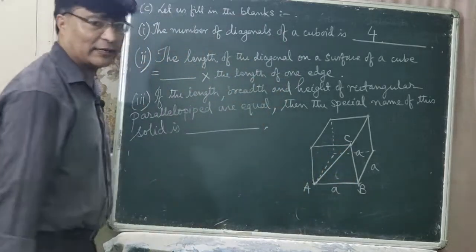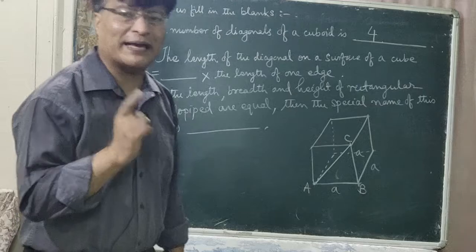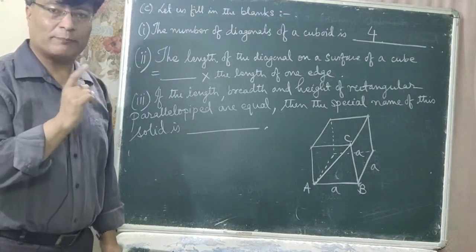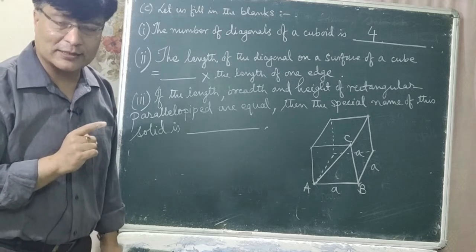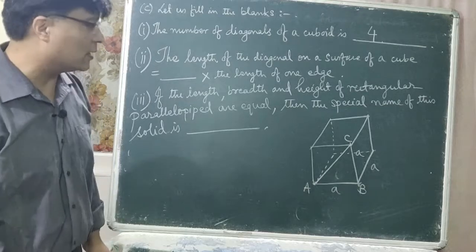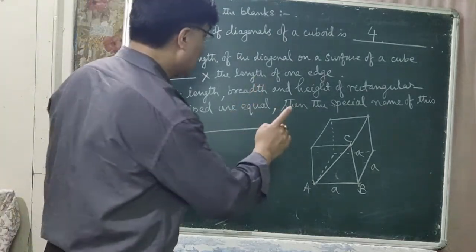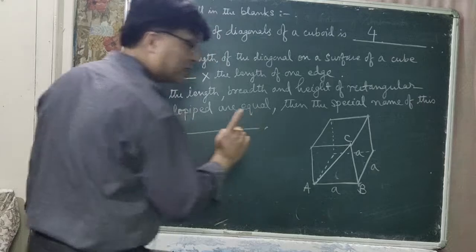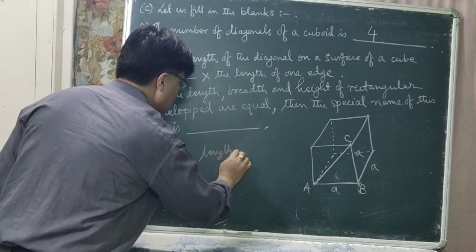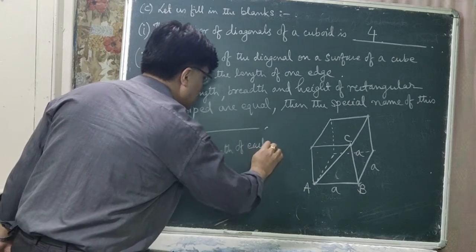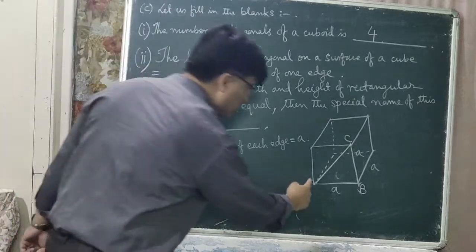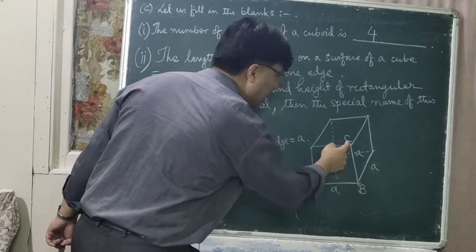So you know that from this diagram, ABC is a right angle triangle and we have proved Pythagoras theorem in geometry, isn't it? That is, hypotenuse whole square is equal to base whole square plus perpendicular whole square, you know that, isn't it? त यदि हामीले यो क्यूबको प्रत्येक edge a suppose गरे, length of each edge is equal, हामीले कति suppose गर्यौं? a त यो पनि a हुन्छ, यो पनि a हुन्छ, यो पनि a हुन्छ.